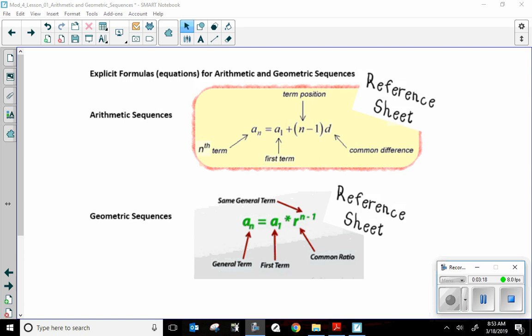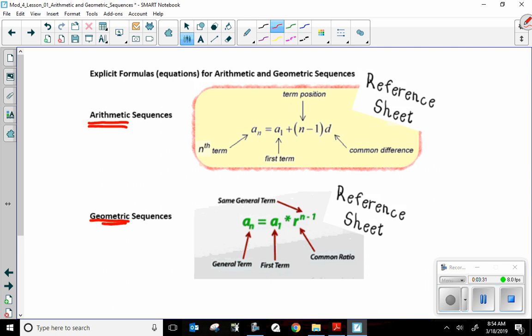Now, I just want to point something out. If I have a sequence, a list of numbers, I can look at it and determine whether it's arithmetic, because it goes up by the same every time, or geometric. There's some sort of common factor or common ratio. And they want me to come up with an explicit formula. They want me to come up with an equation to represent that sequence. I use both of these.